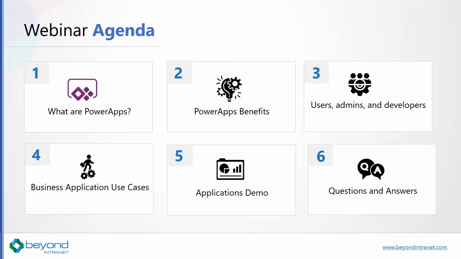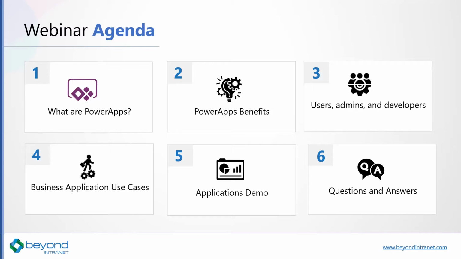In terms of the agenda today, we have 5 main topics that we want to talk about. The first is what are Power Apps, just explaining the basics of it. Then we want to talk about the benefits of using Power Apps for your business. Third, we want to talk about users, admins, and developers and the role that they play. In regards to those 3 topics, it'll probably be about 10 to 15 minutes that we'll spend on that.